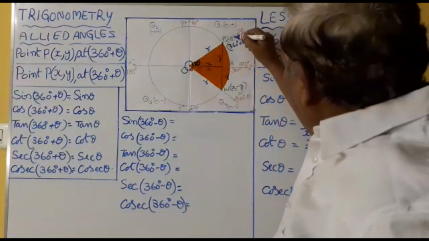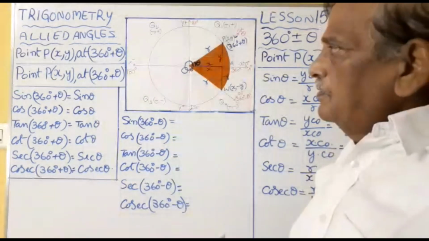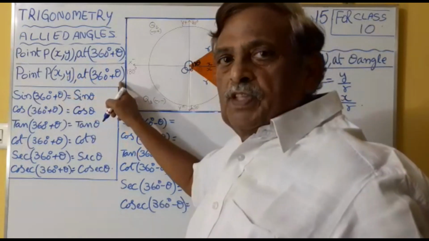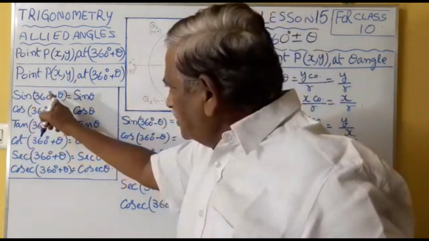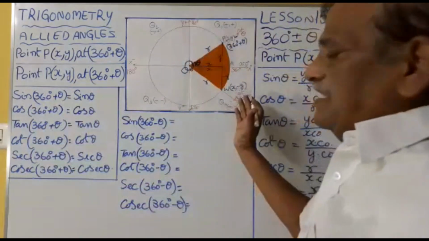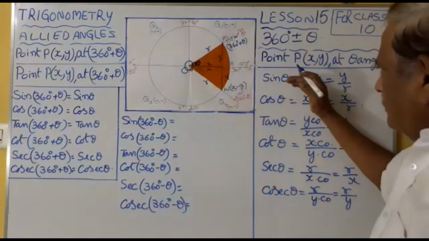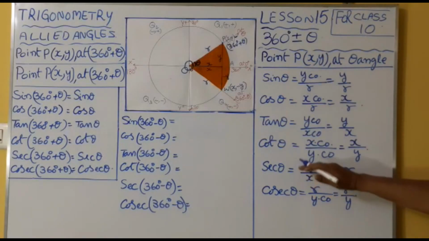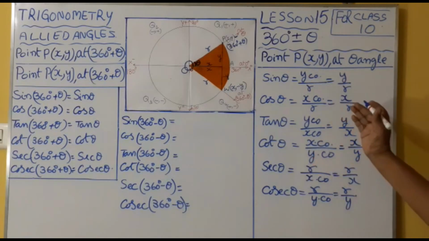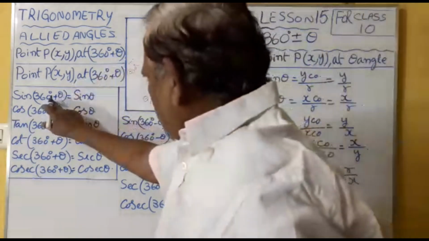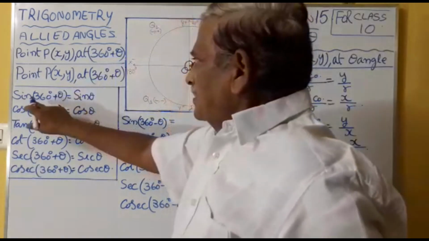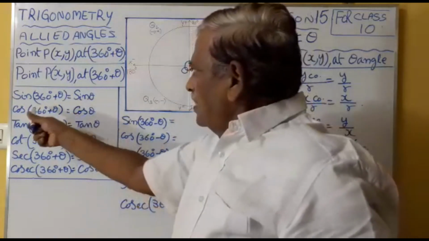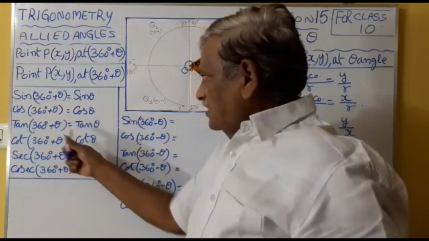For this point P(x, y) at 360 degrees plus theta, the trigonometrical ratios do not change. Therefore, the trigonometrical ratios at angle theta are the same as the trigonometrical ratios of 360 degrees plus theta. So sin(360 degrees plus theta) equals sin theta, cos(360 degrees plus theta) equals cos theta, and so on.